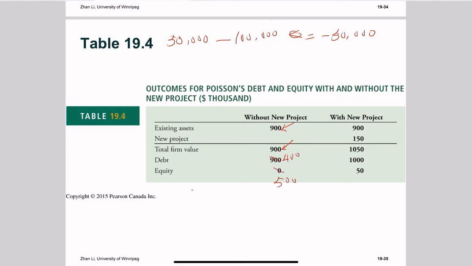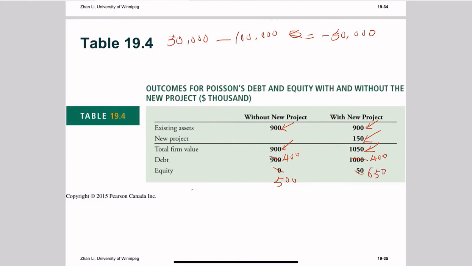And now we have a new project. So we will use the same number here, and project payoff is the same, 150. Total firm value is the same, and debt will be 400. So in this case, you can see that after paying back debt, the equity holders would get back 650, right?